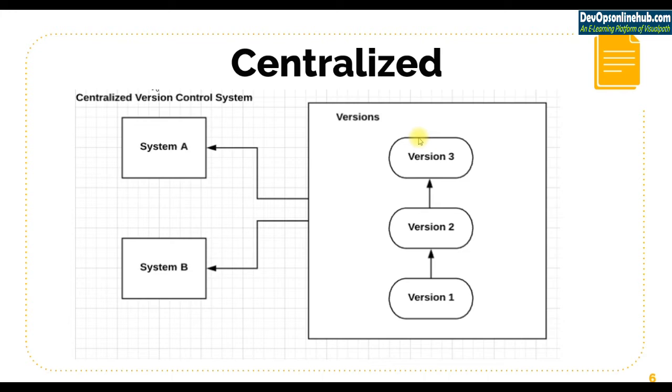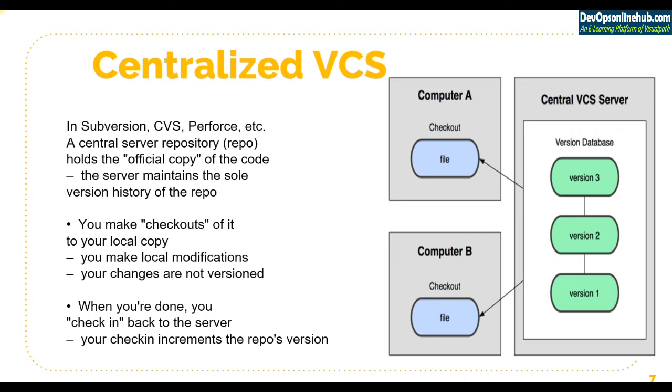There will be a server that will be maintaining the versions of your files, and then you have different people with their own systems, so they will be accessing the versions, checking in and checking out the changes that they are making to the server and not locally on their computer. So most of the time we use centralized version control system when we are working on projects. Examples are CVS, Perforce, SVN. These are centralized version control systems.